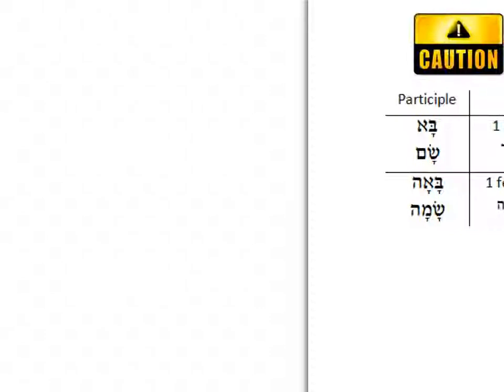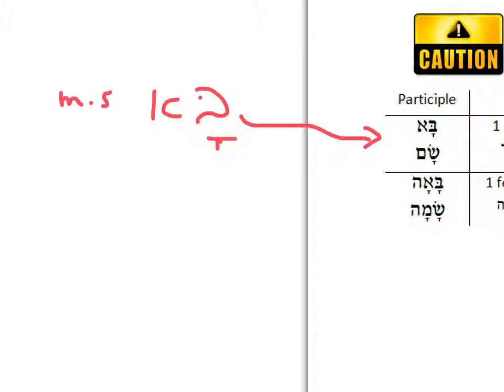Now, there's a big problem when I'm looking at a pasuk that has these participles in it because they look remarkably similar to something else. Let's take the shoresh ba. Ba can be a participle like I have right here, for masculine singular. What else can ba be? Think back to what we said earlier in this clip. It can be past tense.